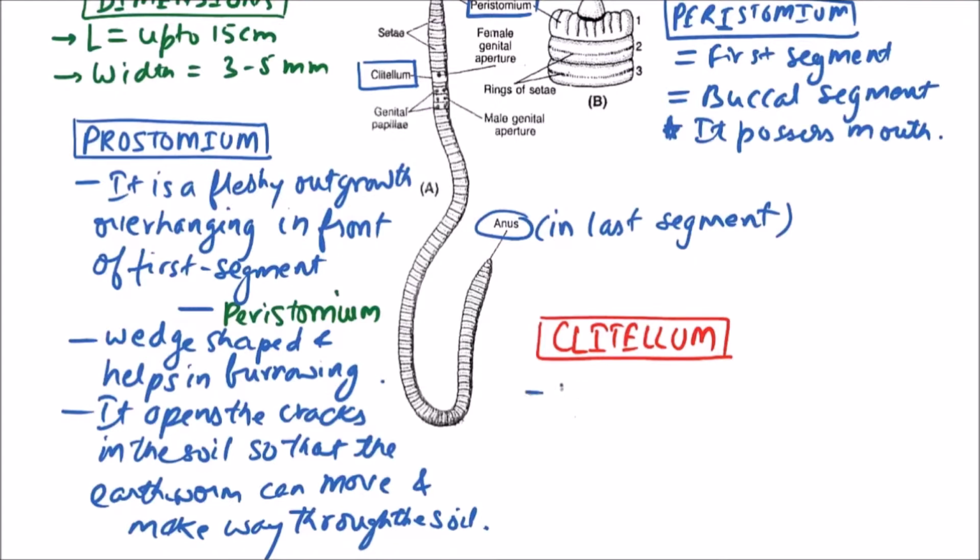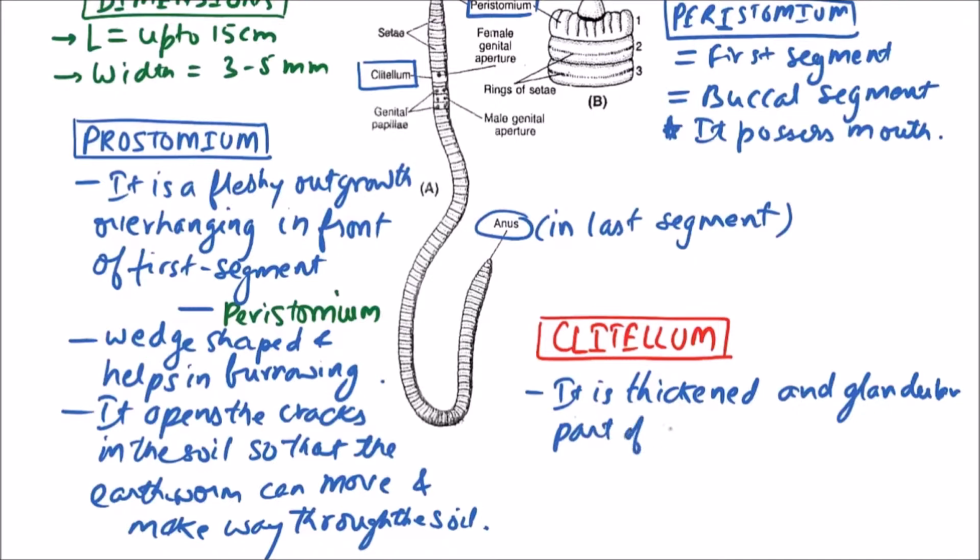Clitellum is thickened and glandular part of earthworm, which secretes cocoon.